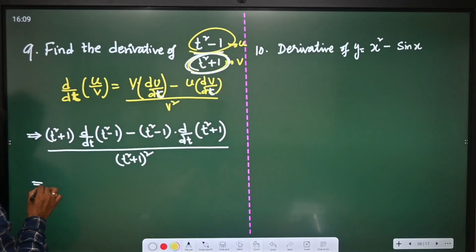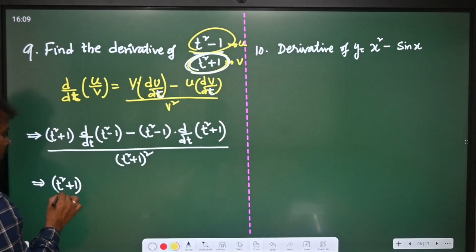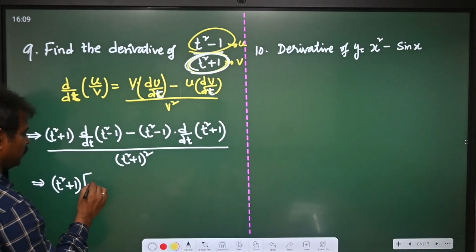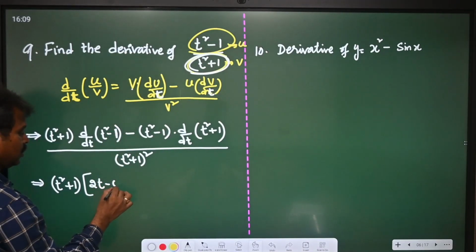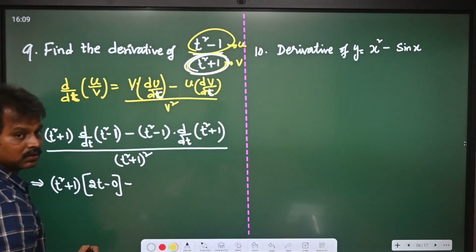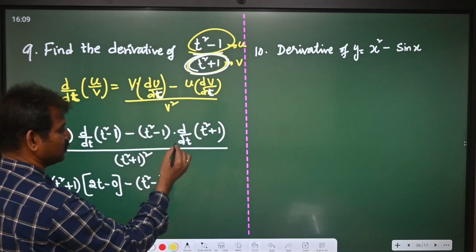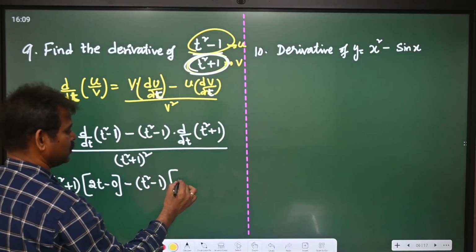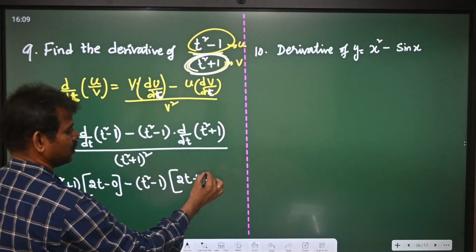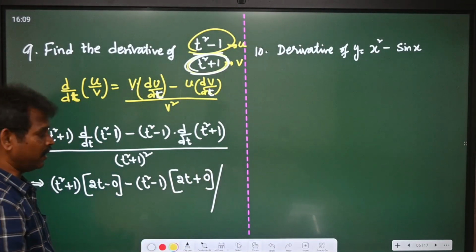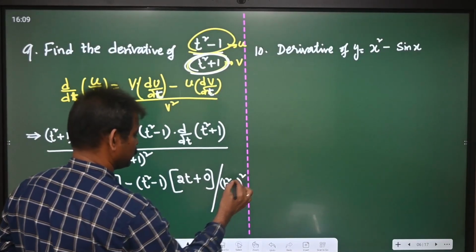Now we will solve the problem. This v value is brought outside. Now the derivative of t square will be 2t. The derivative of 1, a constant, is always 0. Minus this term t square minus 1: the derivative of t square is 2t plus the derivative of 1, a constant, is always 0, divided by the denominator t square plus 1 whole square.